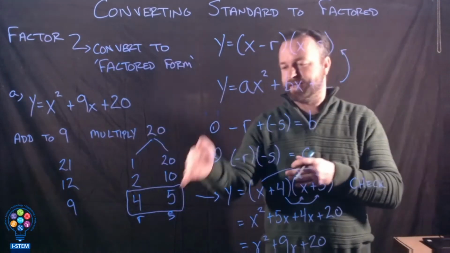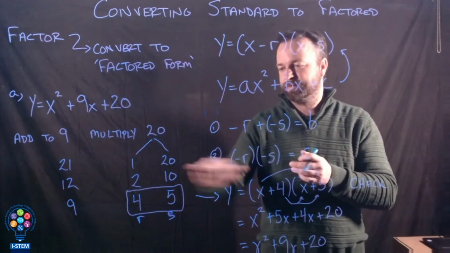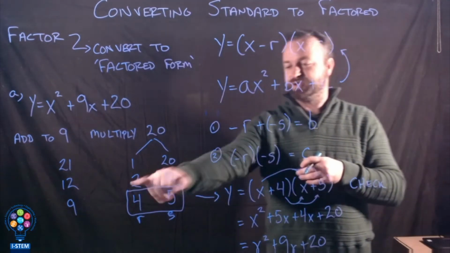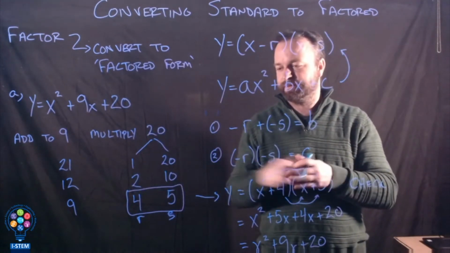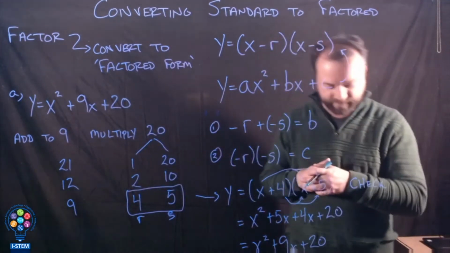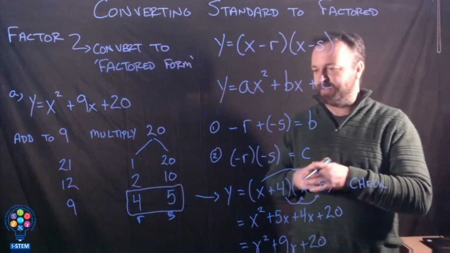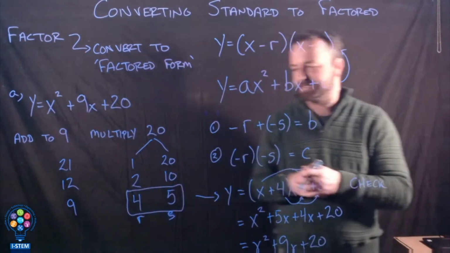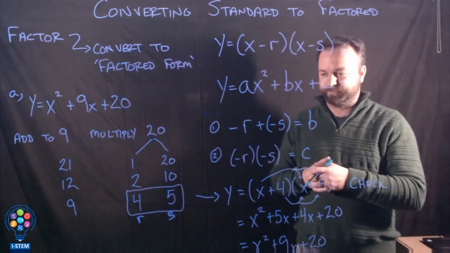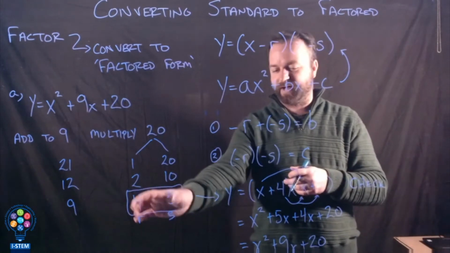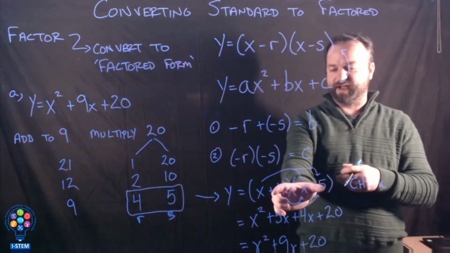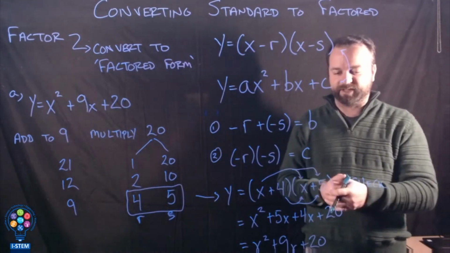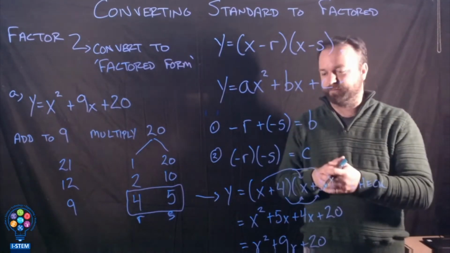I know that 1 times 20 has to equal 20. 1 plus 20 is 21. That doesn't work. 2 times 10 has to equal 20. 2 plus 10 is 12. That doesn't work. And then 4 times 5 has to be 20. 4 plus 5 is 9. That works. And so I took these numbers 4 and 5, threw them into the factored form equation in their different factors, and I checked by multiplying and FOILing everything out.